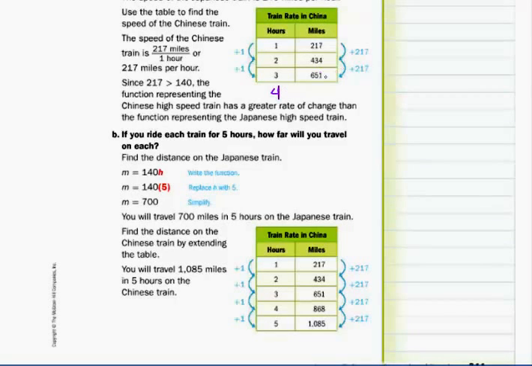Well, it's going to be another 217. What would it be for 5 hours? Another 217 on top of that. That's what they did. So you can extend the table out to find the distance after 5 hours. So on the Japanese train, 700 miles after 5 hours. Chinese train, 1,085 miles after 5 hours. All right.